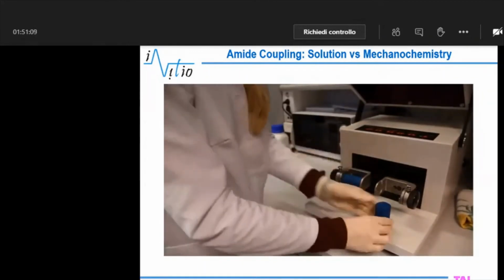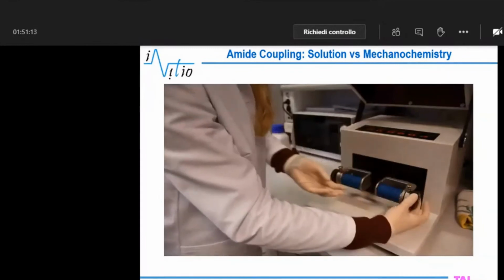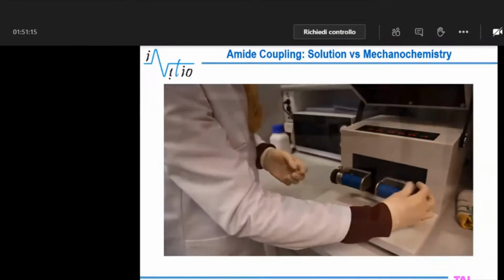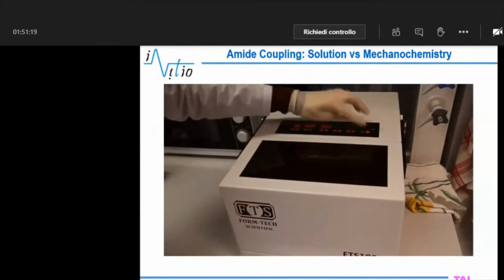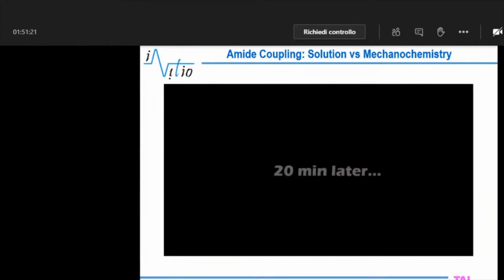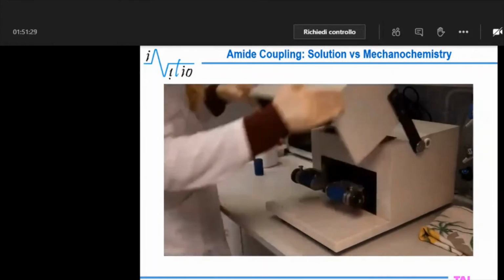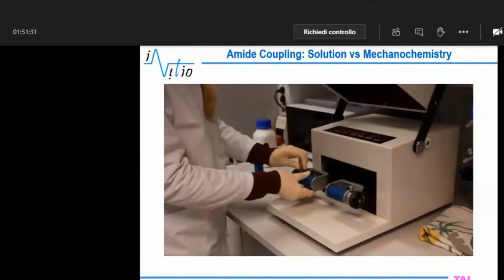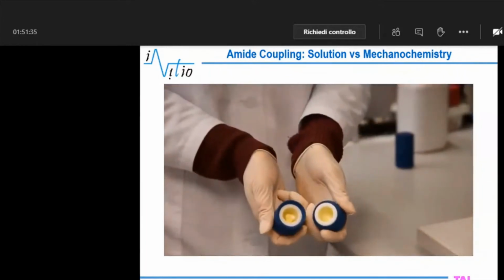And we just fix it in the instrument. It shakes at approximately 30 times per second. So it's a very violent shaker. And then what you have in 20 minutes.